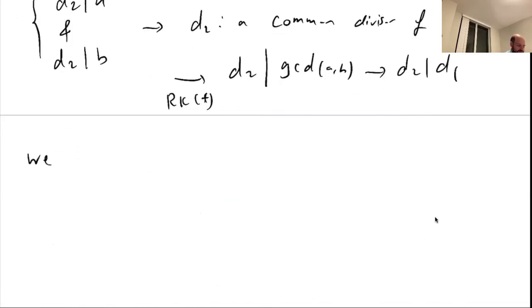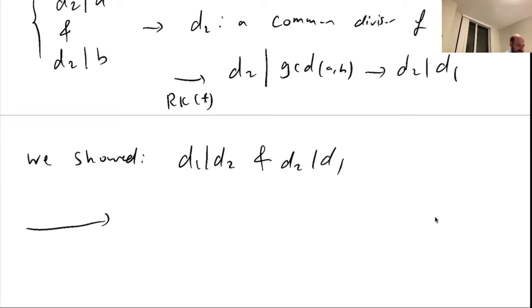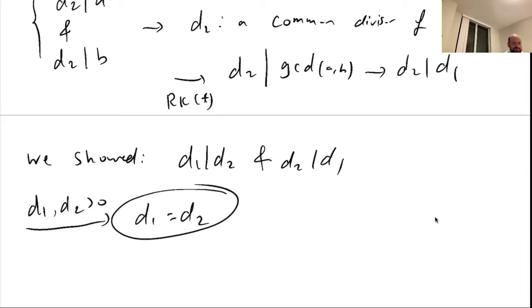So we showed D1 divides D2 and D2 divides D1, and both of them are positive. So that means D1 must be equal to D2.